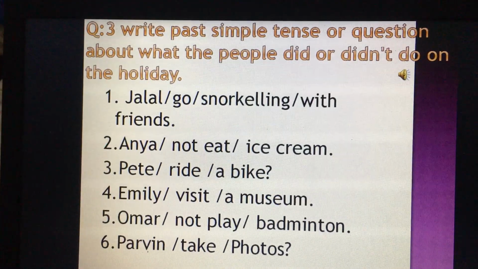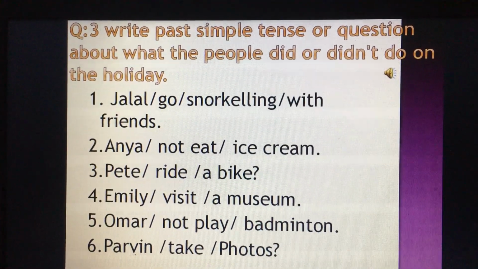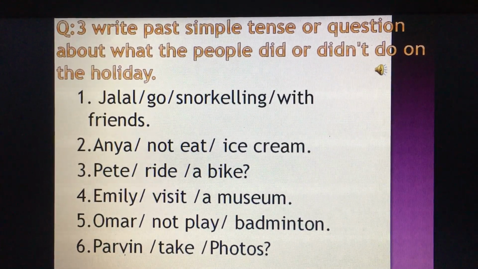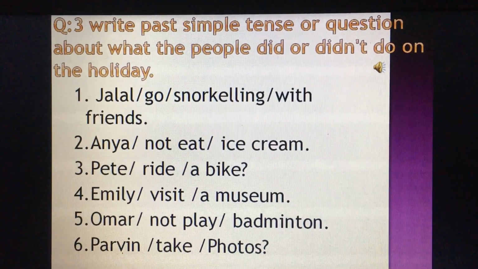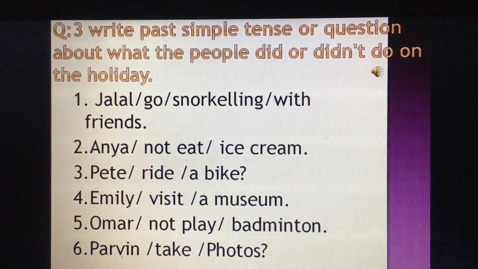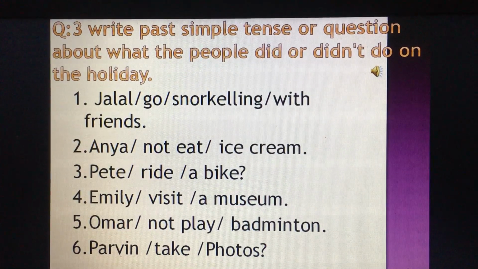Third one is Pat ride a bike. So here you can see a question mark. So it means that you have to make a question sentence from this statement. Fourth one is Emily visit a museum. So this is also a positive sentence. You will just change the form of the verb over here. Then Umar not play badminton.